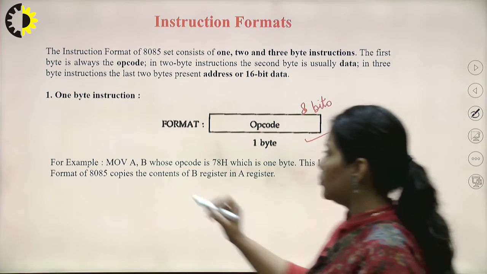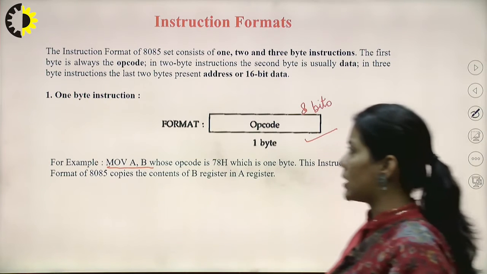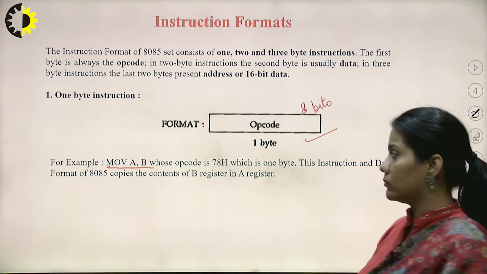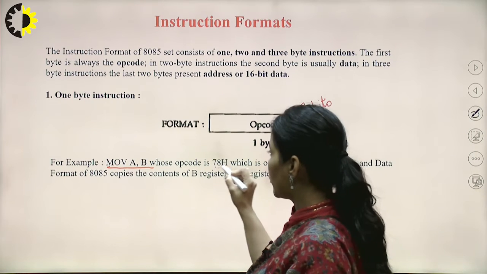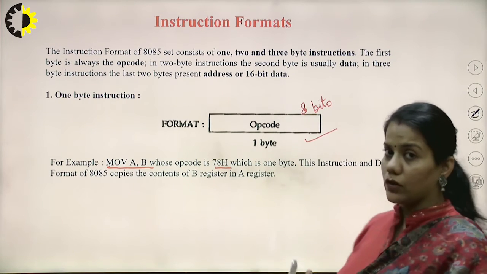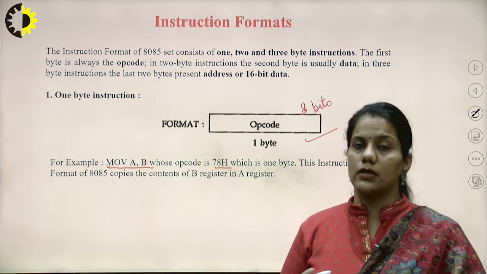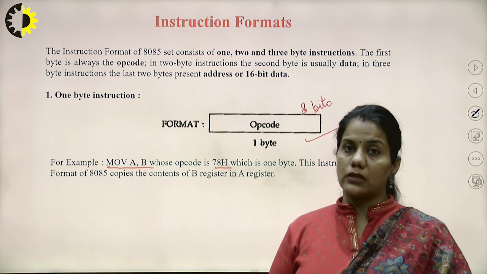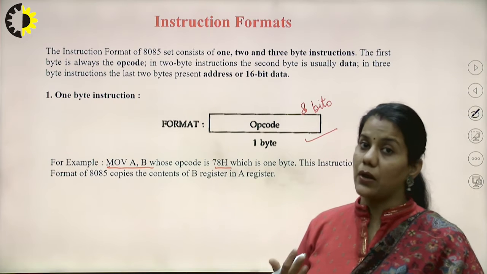For example, MOV A, B. This is an example of a 1 byte instruction and its opcode is 78H. We already know that the machine always understands the opcode, that is, the machine language, the binary language.